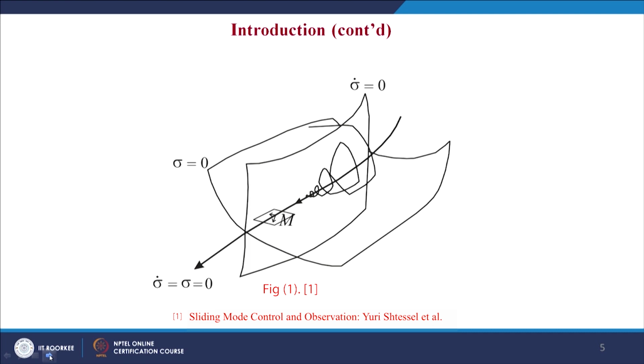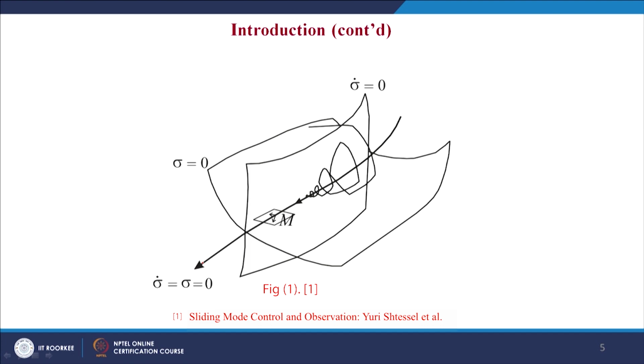Now, continuing with the introduction, the sliding line is such that we have two surfaces perpendicular to each other: one plane is sigma equal to 0 and sigma dot equal to 0 is another plane, and the intersection of these two planes gives a line.